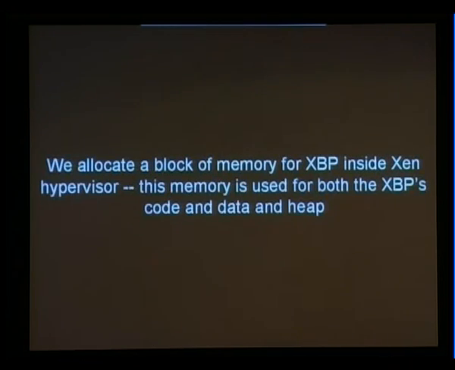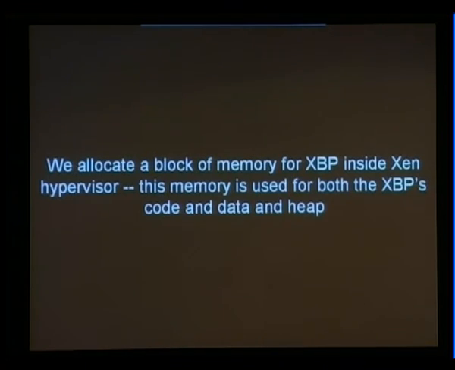And to do that, we had to redesign a bit the memory management subsystem of the Xen Bluepill. So now it uses a single piece of memory for its code and data. It's actually pretty simple memory management.